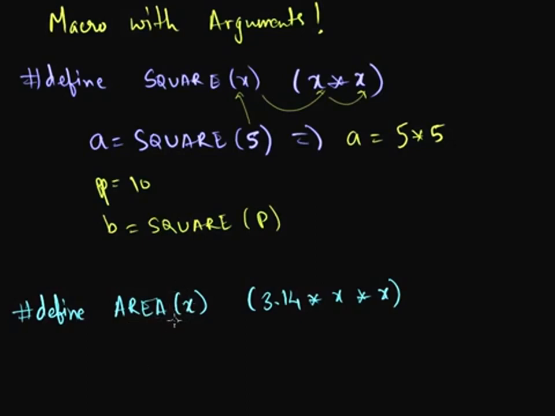Some points to be noted: please do not put a space between the argument and the identifier. This is the macro identifier. There should not be any space in that, and one must include this within parenthesis.